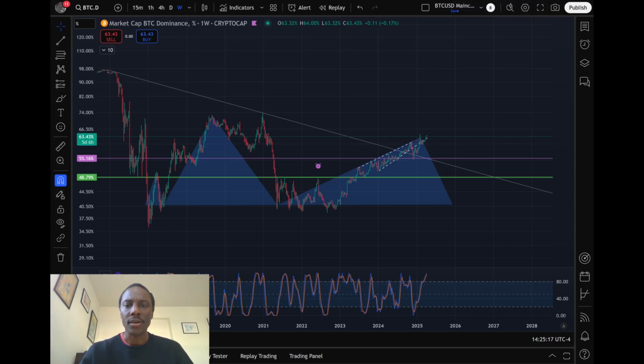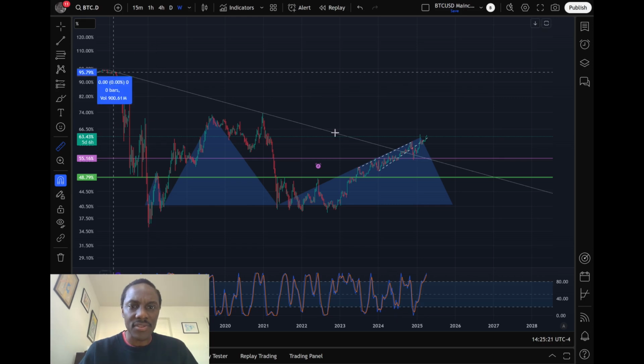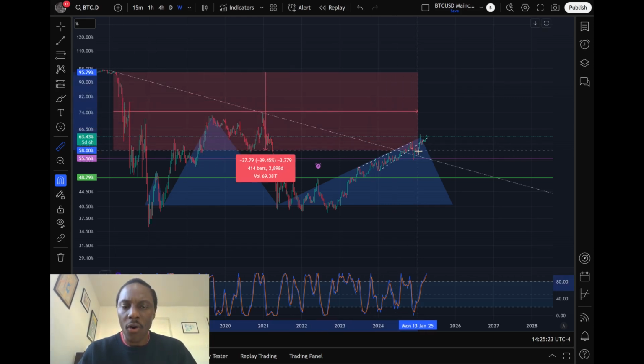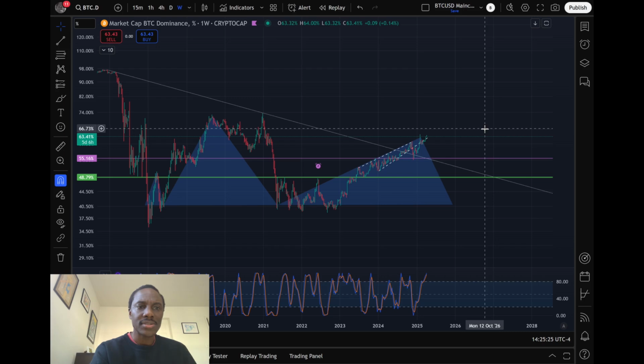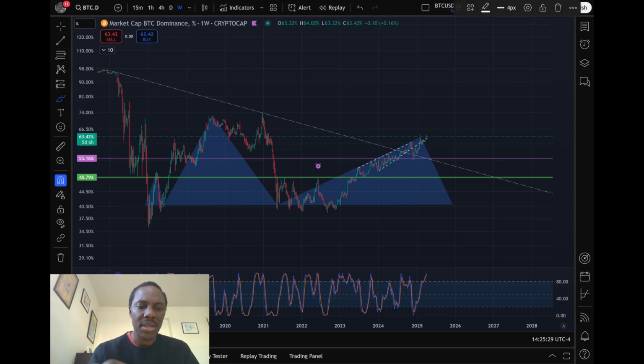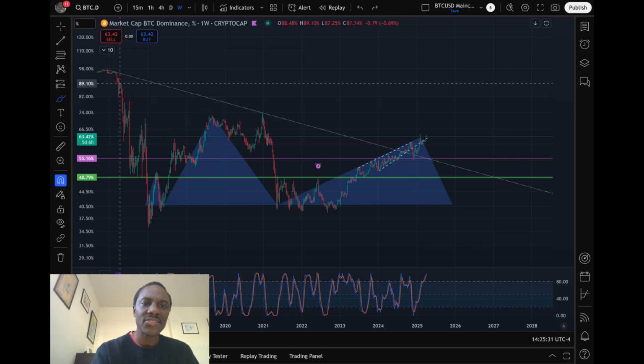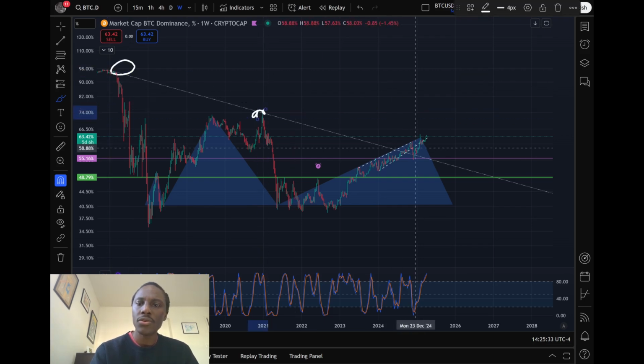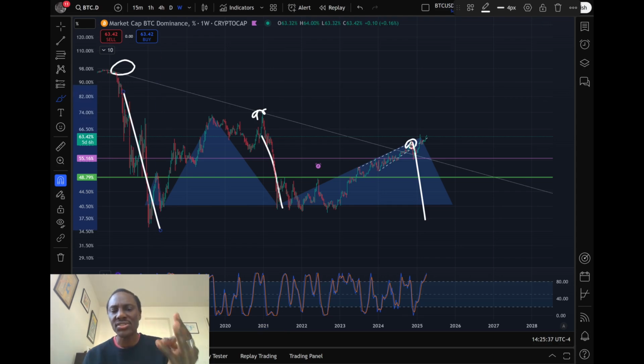All right, look, first you have this massive resistance, okay, of almost 3,000 days. As you can see by the dotted line here, every single time Bitcoin dominance hits this level, you get a big move down. We've had 3 such major big moves down.